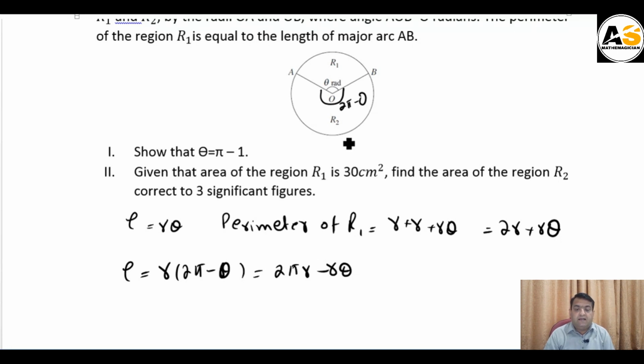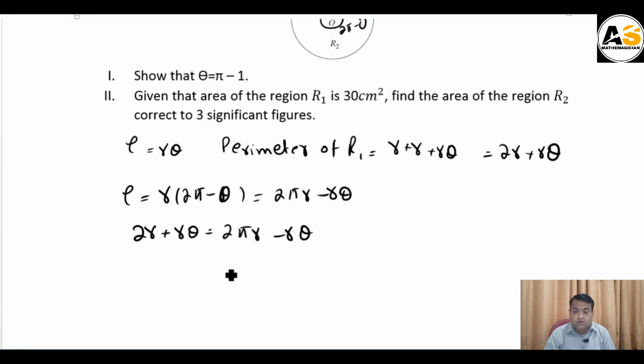I hope this is clear. We are given that this arc length is equal to this perimeter. So I will write 2r plus r theta is equal to 2 pi r minus r theta. What I have to find? I have to find theta. So I can write r theta plus r theta is equal to 2 pi r minus 2r.